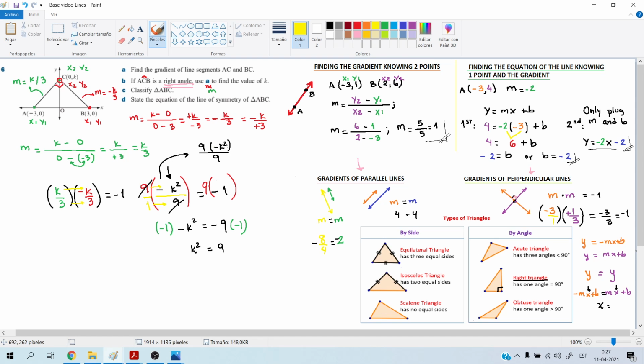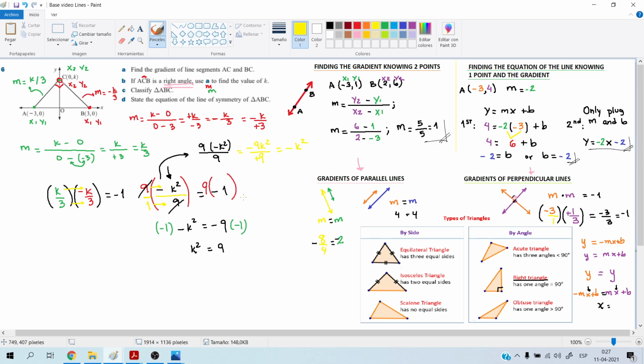So 9 times -k is -9k squared, because you keep the numbers and the signs and the letters, everything. And then 9, or 1 times 9 is just 9. What happens when you divide 9 over 9? You get a number 1. And you have a negative and a positive. Different signs, when you divide or multiply, are going to give you a negative answer.